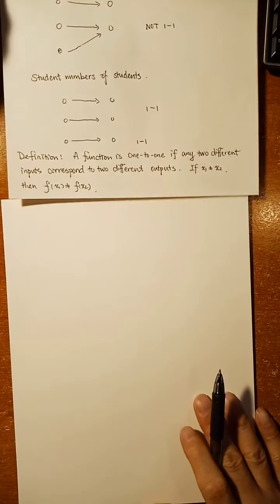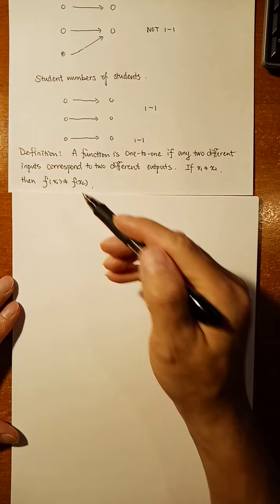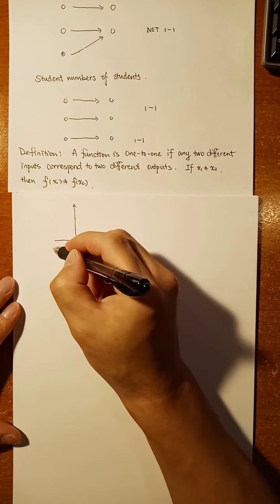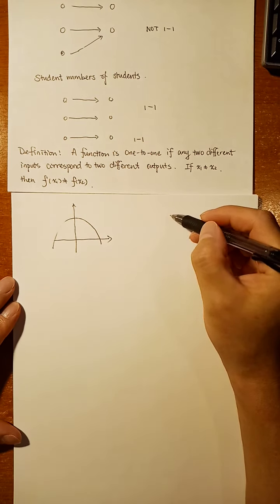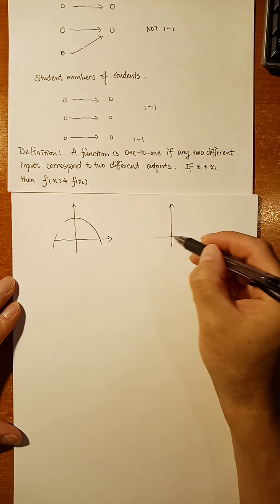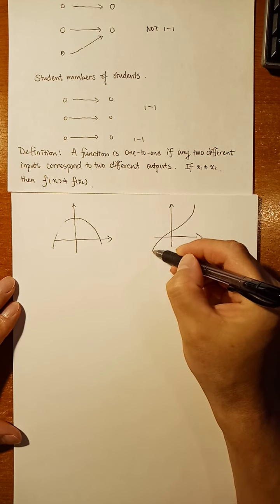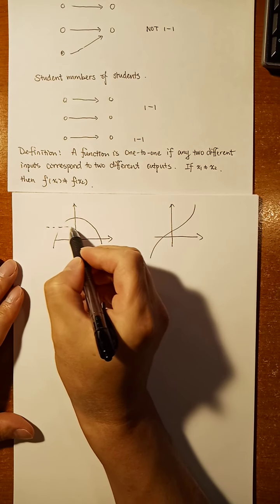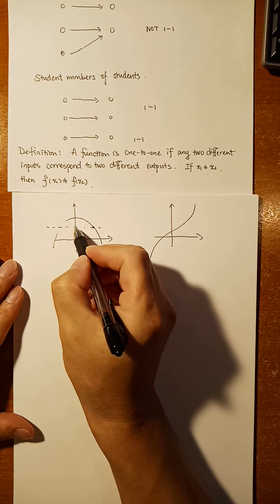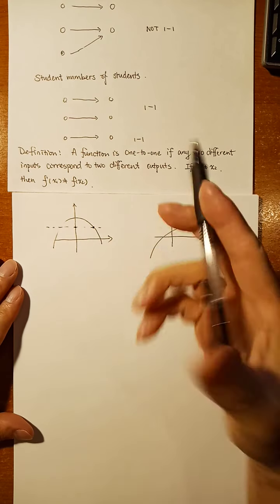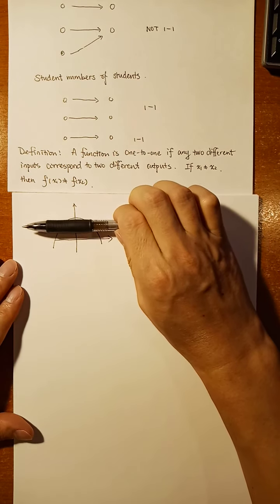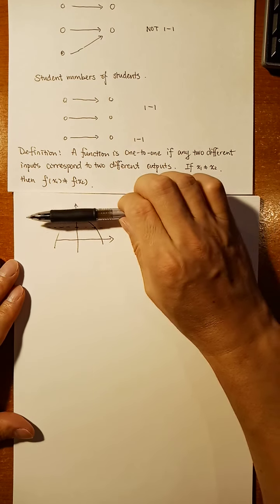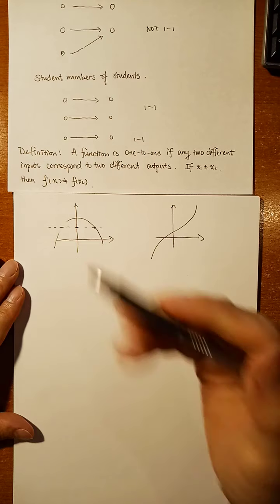And sometimes we get the graph of a certain function. For example, we may have some graph like this, or like this. For this graph, if we draw a horizontal line, a horizontal line means the same height, the same y value.